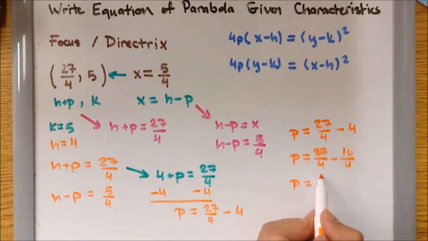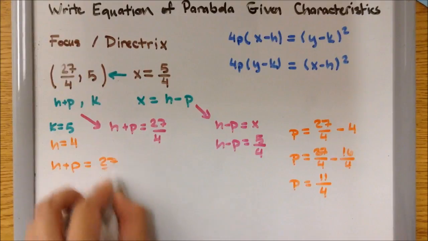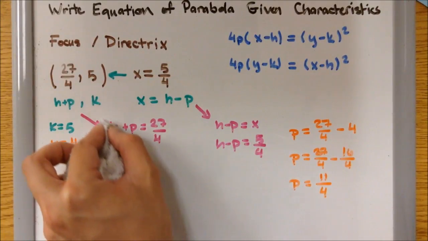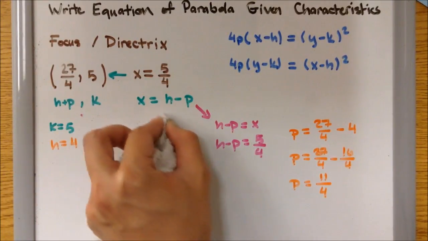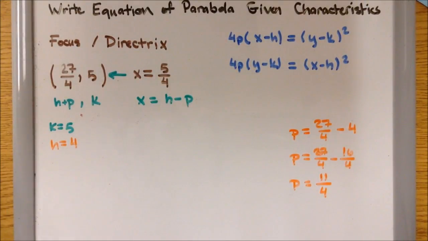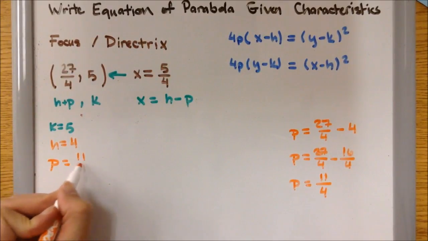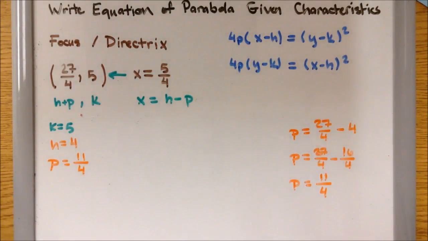That's going to be 11 over 4. So that's going to be our p value. So now I'm going to erase to make more room. So p is equal to 11 over 4.